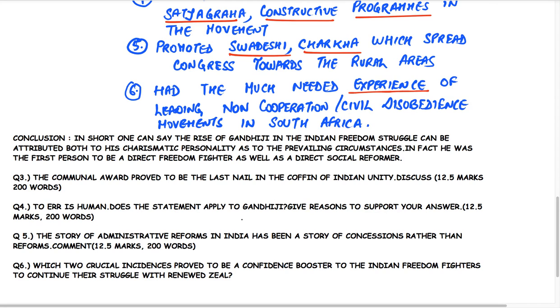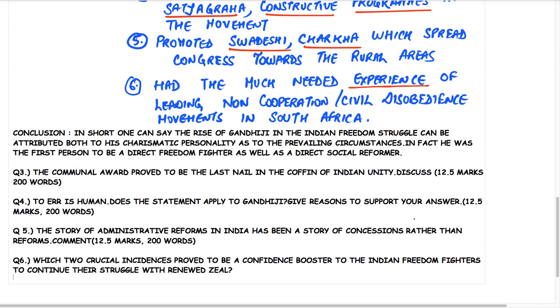So one has to accept, yes, Gandhiji made some mistakes. And we have to give reasons to support the answer. That means we have to provide instances when Gandhiji made mistakes in the freedom struggle. His decisions were not correct according to the prevailing circumstances. Another question which can be asked from the Indian freedom struggle is, the story of administrative reforms in British India.